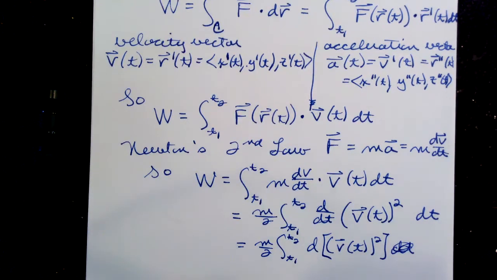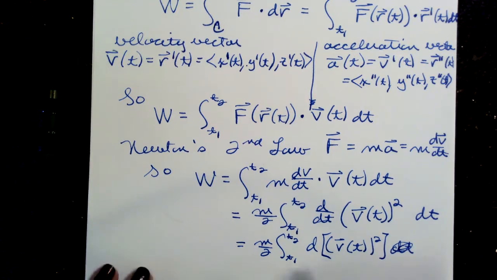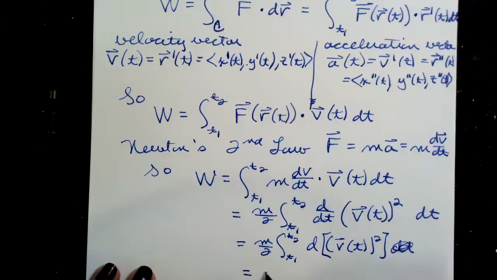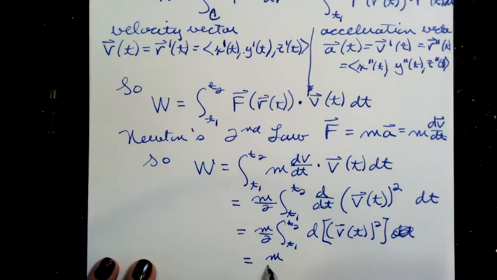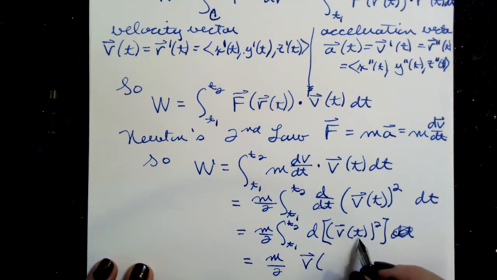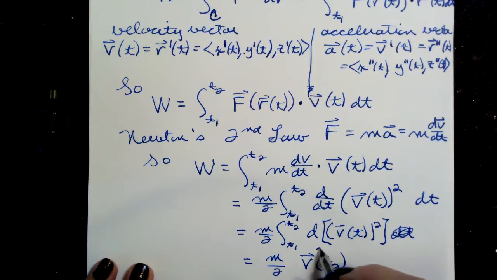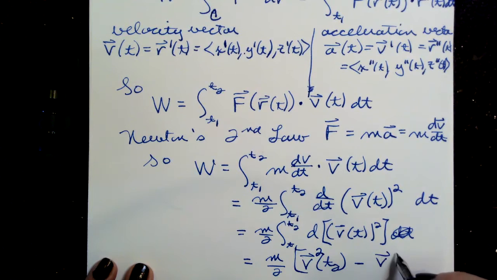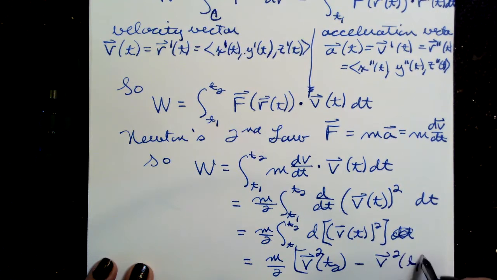So that's like saying, what's the integral of du? Well, you get back u. In other words, we get back the velocity squared. So I get m over 2 times v at t2 squared minus v squared at t1.